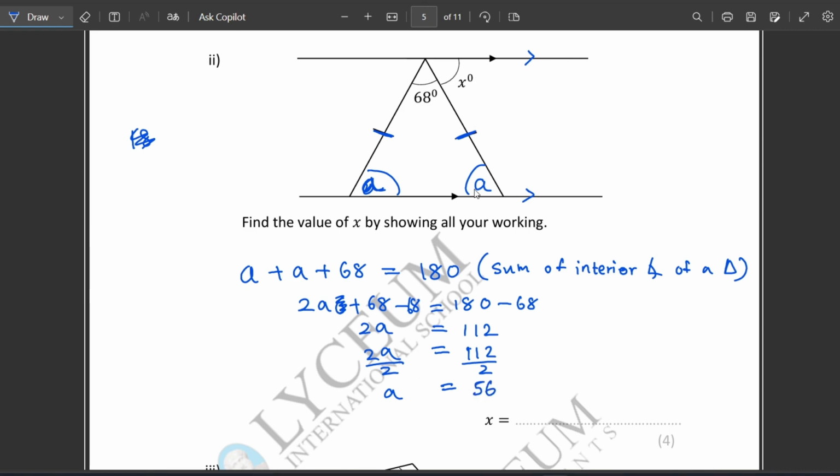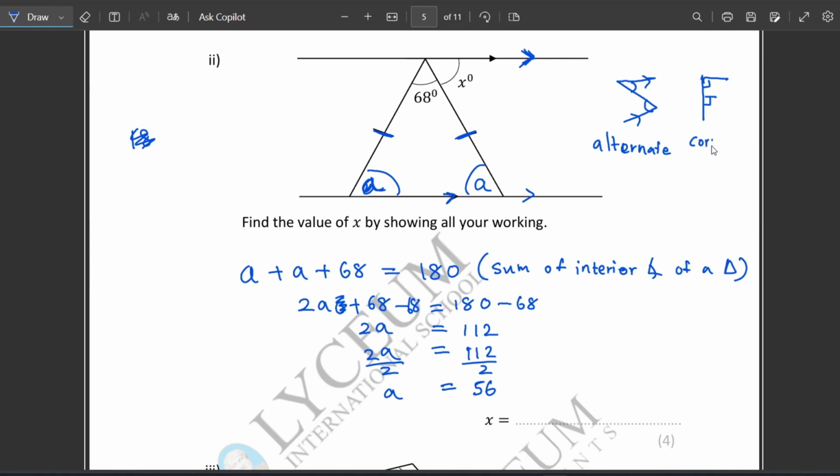Okay, now you can see these are two parallel lines. So inside between two parallel lines we know these shapes. So these two angles should be equal. This is alternate angles. And these two angles should also be equal.